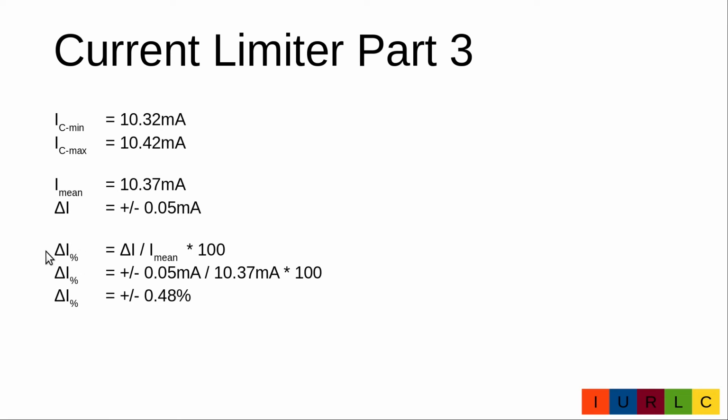The relative change in percent is the absolute change divided by the mean value multiplied with 100, which is plus minus 0.05 milliamp divided by 10.37 milliamp multiplied with 100, is plus minus 0.48%. This is a very good value for such a simple circuit.